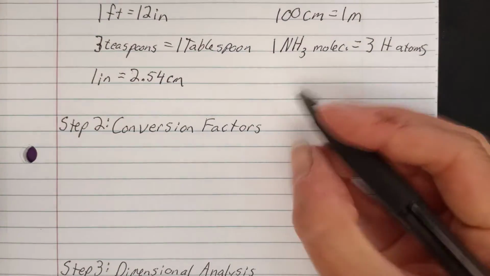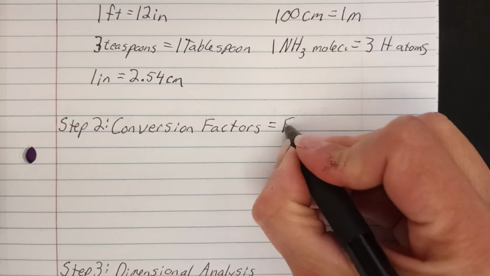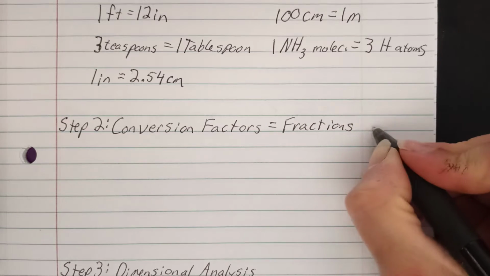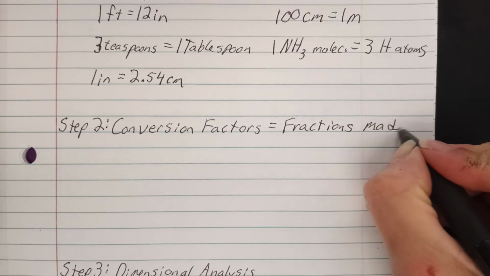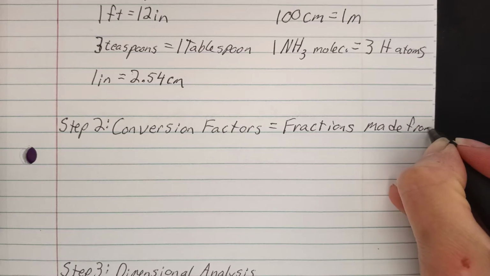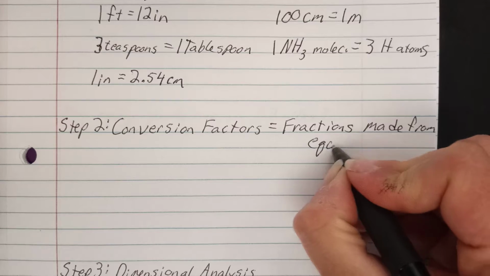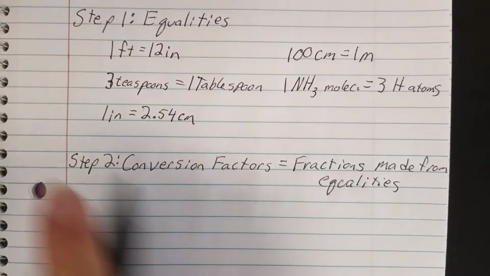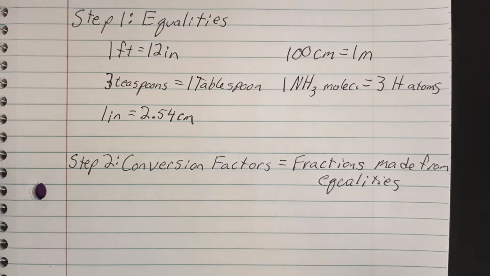Okay, our second step is called conversion factors. These are fractions made from equalities. What that means is we're going to take these facts and just turn them into fractions.